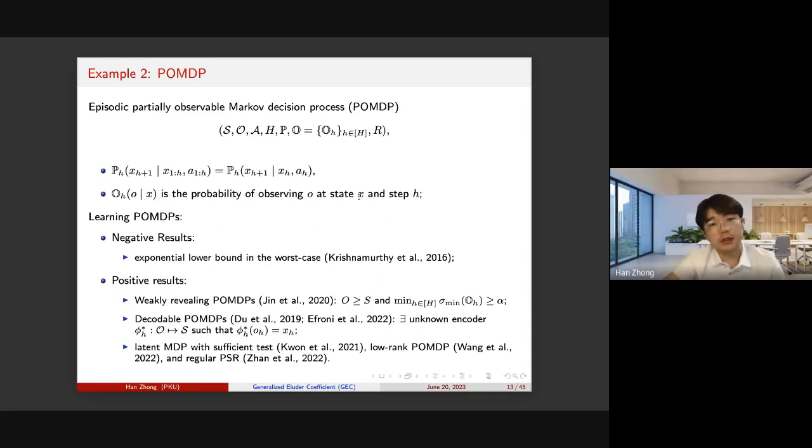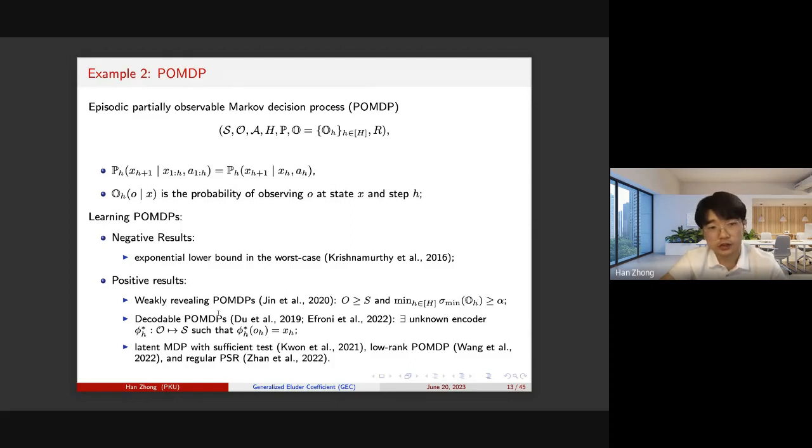We have mentioned that learning POMDPs in the worst case will suffer exponential lower bounds, but there are results under additional assumptions. For example, for weakly revealing POMDPs, suppose the observation space is larger than the state space and the minimal singular value of the emission matrix is lower bounded by alpha, then we can achieve a polynomial result.